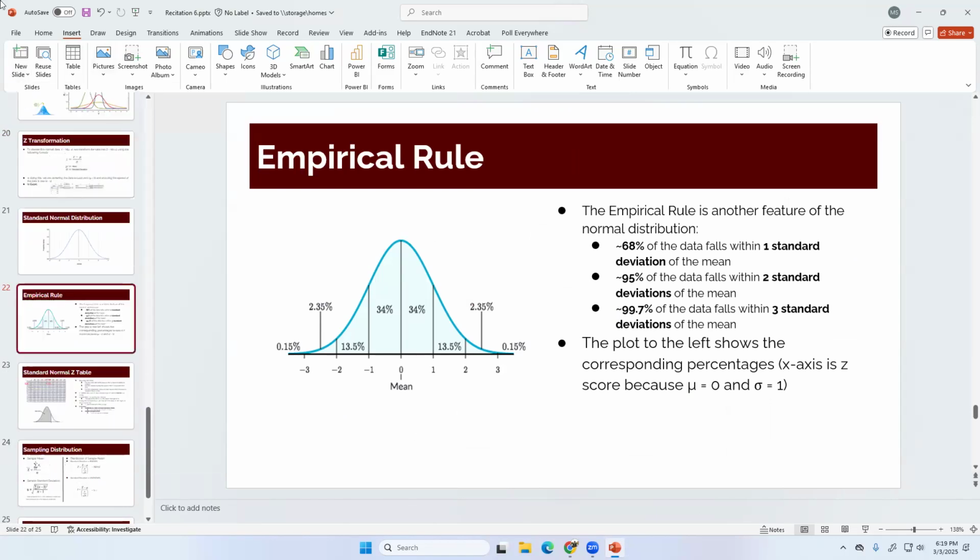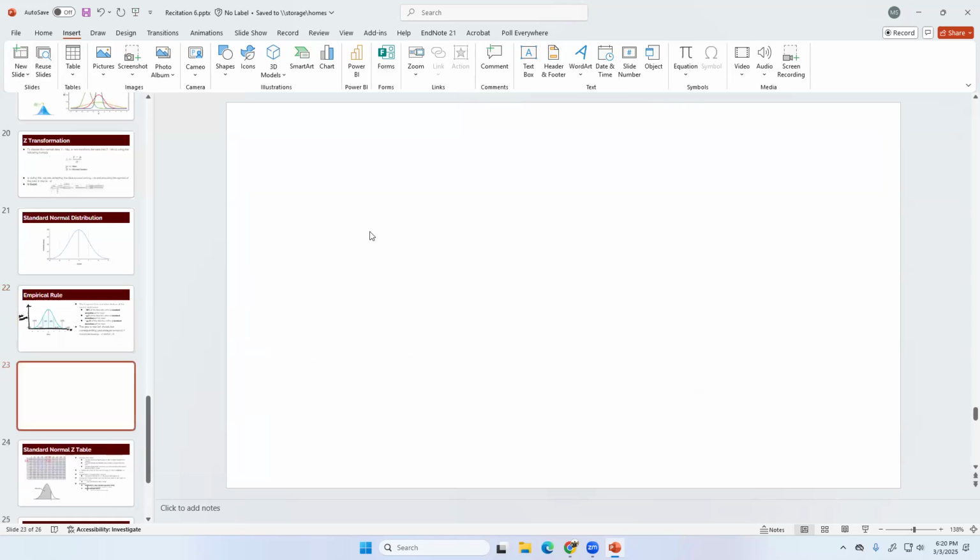What the empirical rule tells you is, when you have a normal distribution, let's say this is your x and this is your different probability densities. Let me draw it in a different slide.